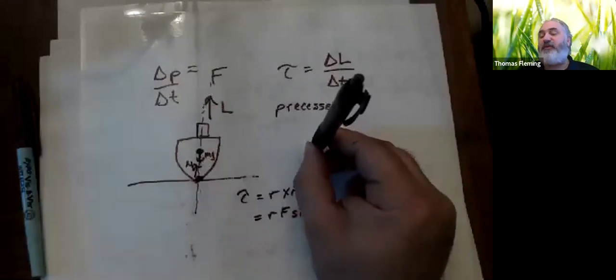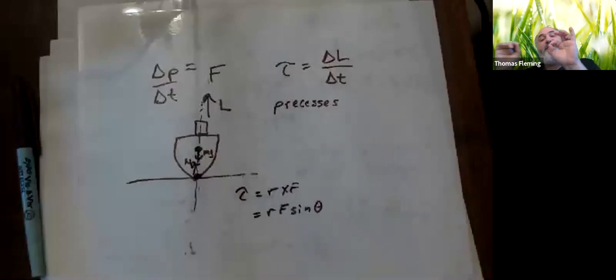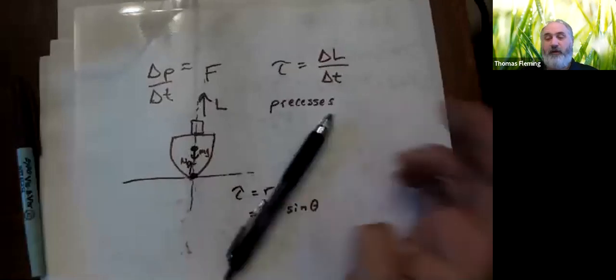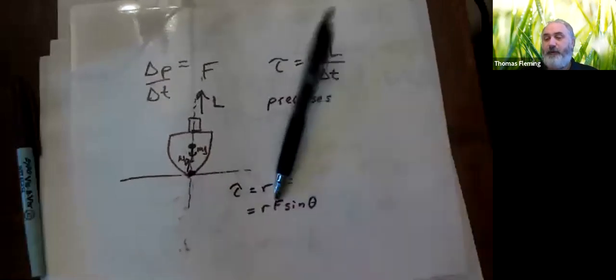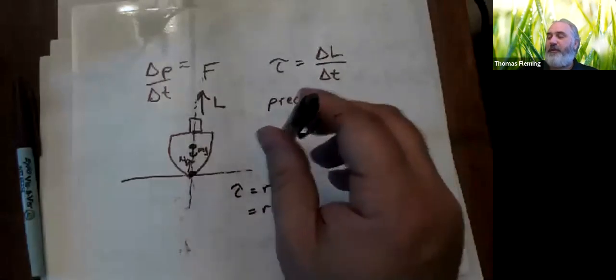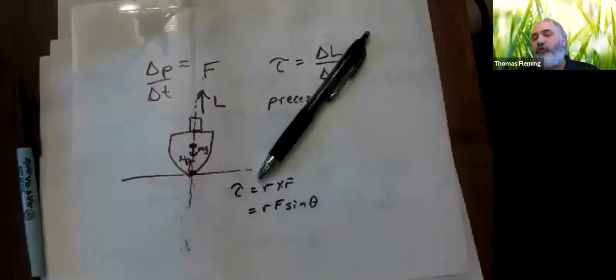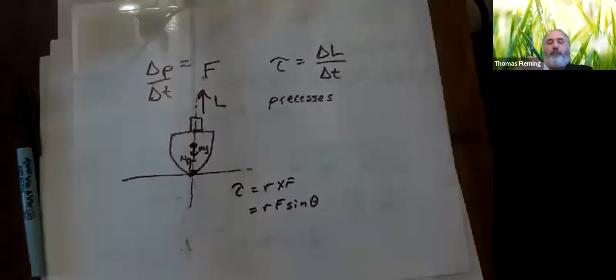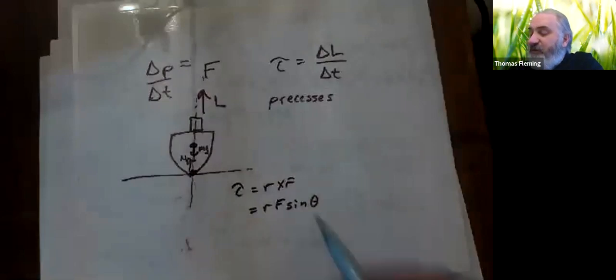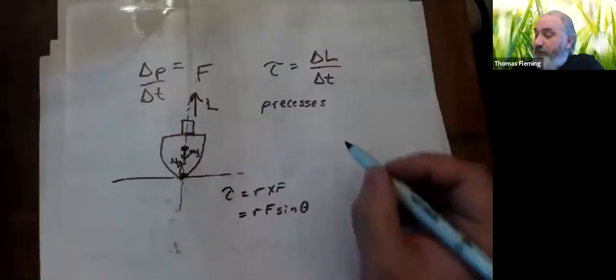But if I'm off by even a millionth of a degree, there'll be a tiny torque one direction or the other, and it'll topple in that direction. So if you're trying to balance something on its very, very point, it's super hard because you've got to be super exact, and it's almost impossible to be that exact. So eventually this thing's going to start to topple one direction or another.